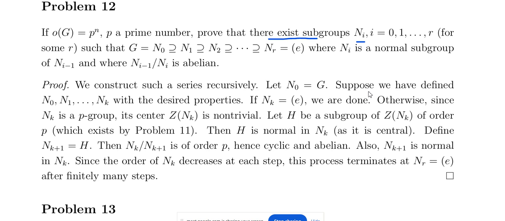Ni is a normal subgroup of Ni minus 1, like N2 is normal in N1 and N1 is normal in N0, where Ni minus 1 divided by Ni is abelian. That is a somewhat difficult concept.